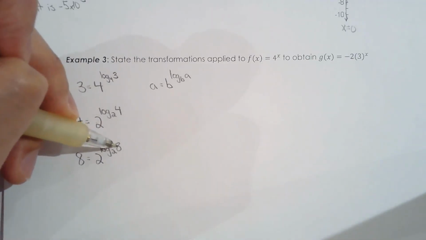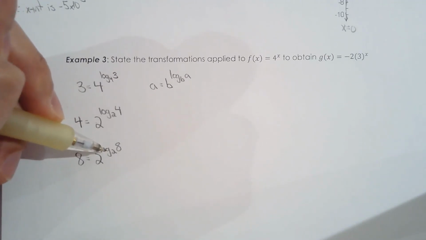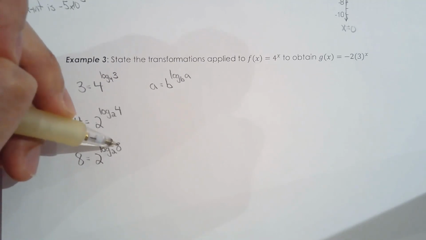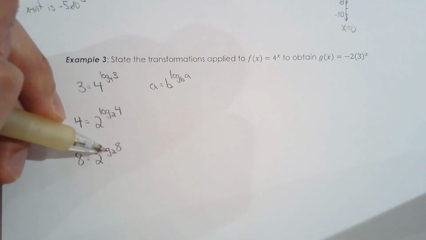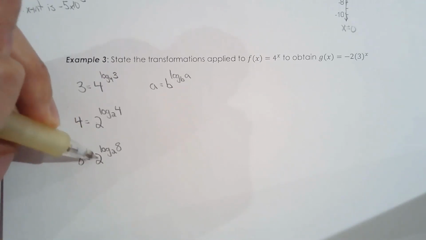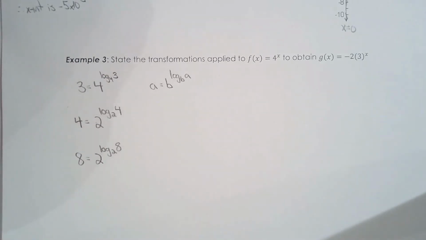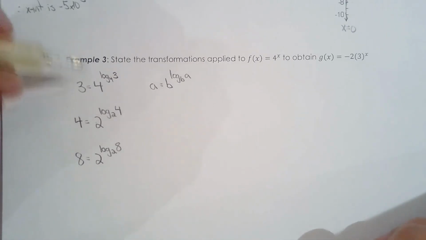Log base 2 of 8 is asking what is the exponent with a base of 2 to get 8. What is the exponent of the power if the base is 2 and I want the result to be 8? Of course the answer is 3. And then I take the 2 and raise the power of the 3 to get the 8. Anyways, you can take your time, think about the relationship, but it's definitely true.